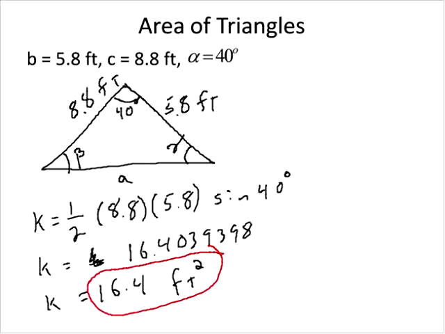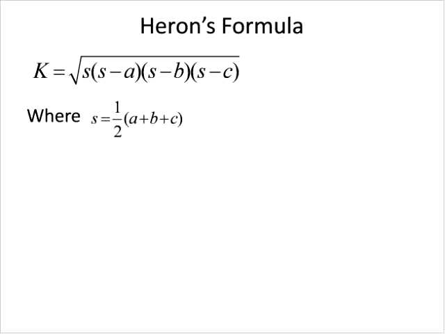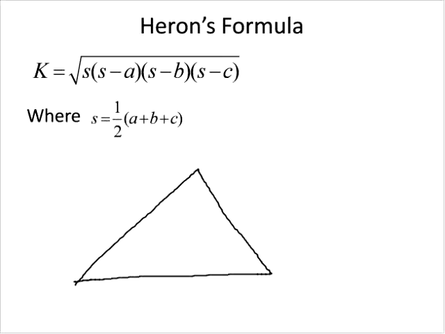This only works, these formulas only work if you have two sides and the angle in between them. Now there is a different formula. Let me show you that one. Heron's or Hero's formula. And this works if all you know are the length of the sides. So again, if I draw a little triangle here, and then say this is side A, side B, and side C, that's all I have to know.